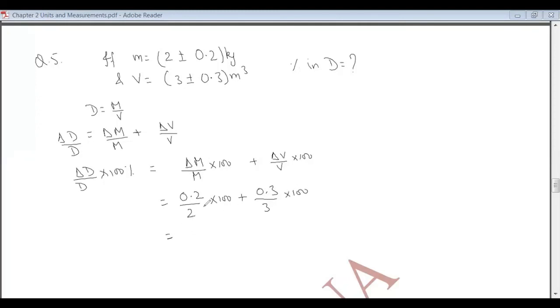So on simplifying it, what do we get? 20 divided by 2 plus 30 divided by 3, that is 10 plus 10, which will be equal to 20%. So the percentage error in the density will be 20%.